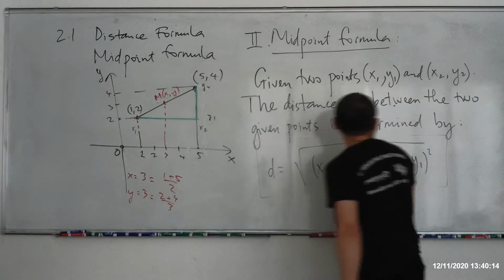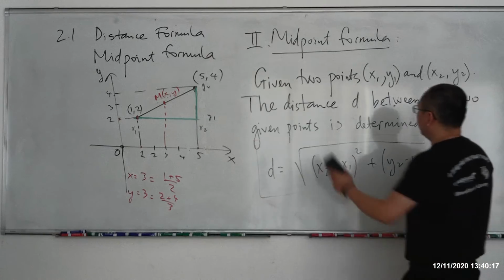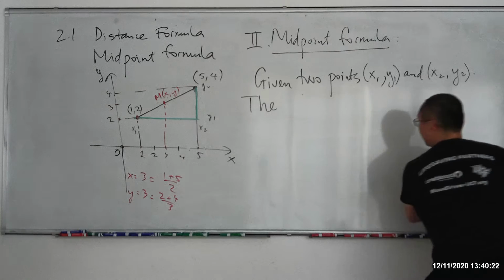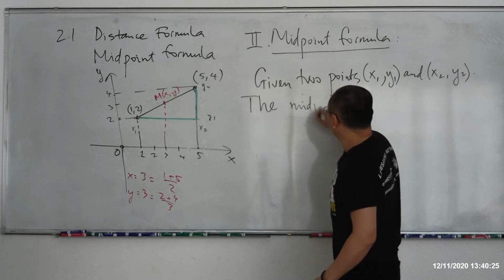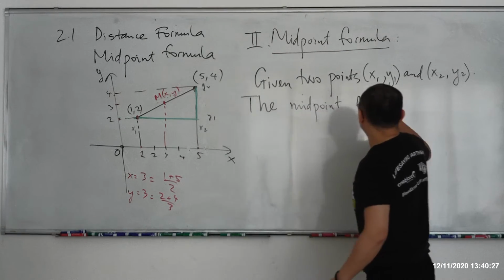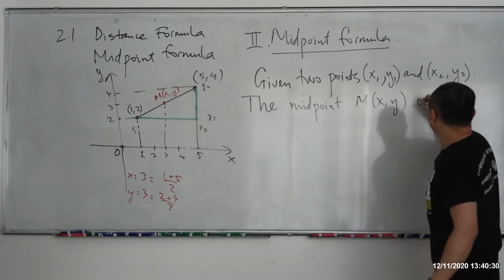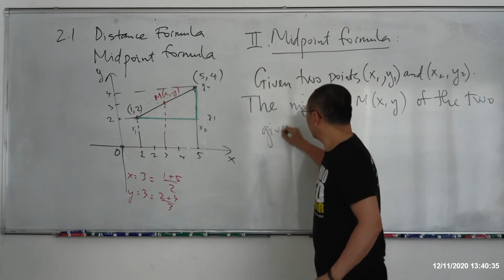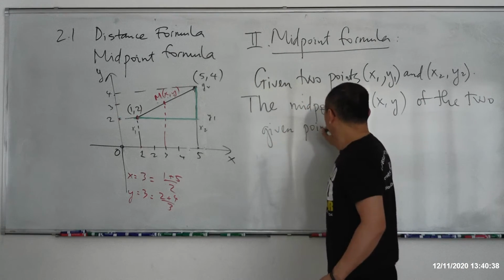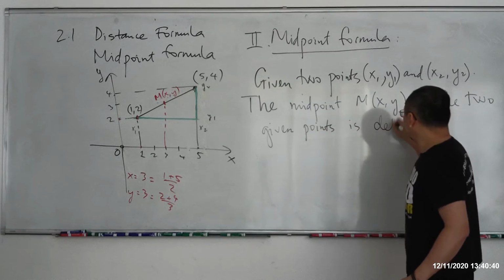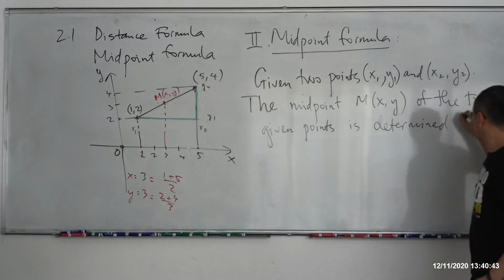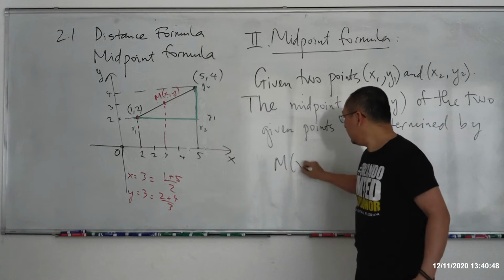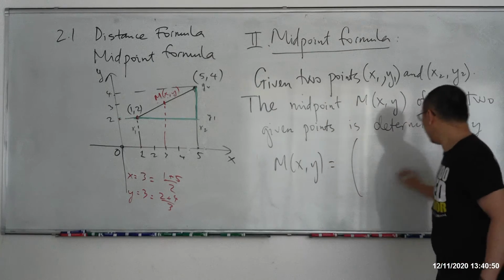Given 2 points, x1, y1, and x2, y2, the midpoint M, x, y of the 2 given points is determined by M x, y is equal to, it is a point, right?